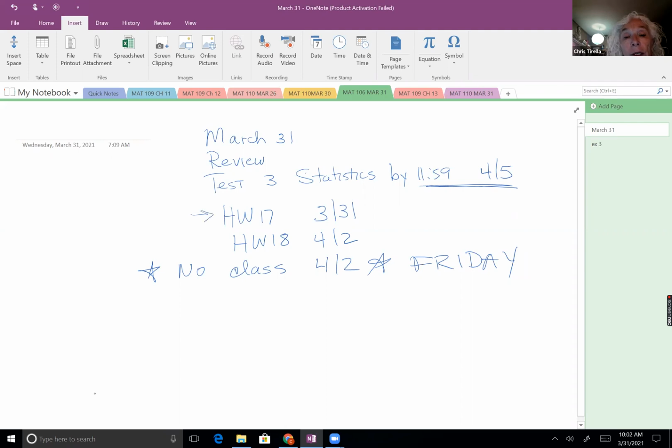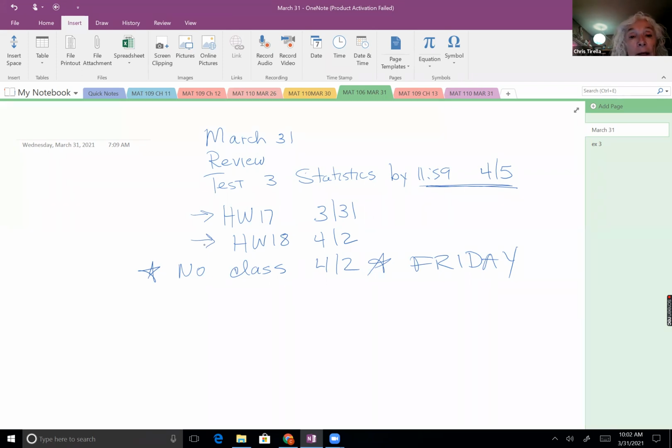Homework 17, which is on finding z-scores and margin of error, is to be done by the end of the day today. Homework 18 is to be done by the end of the day on Friday. That's the one where you're using that z-score to look up the percentiles and find percentages.